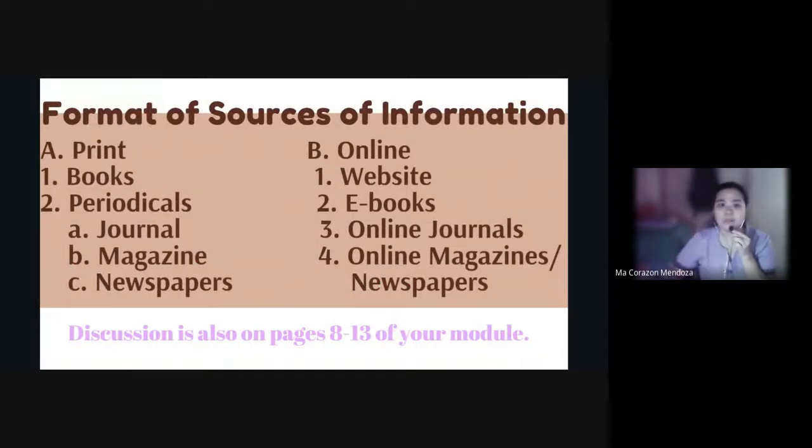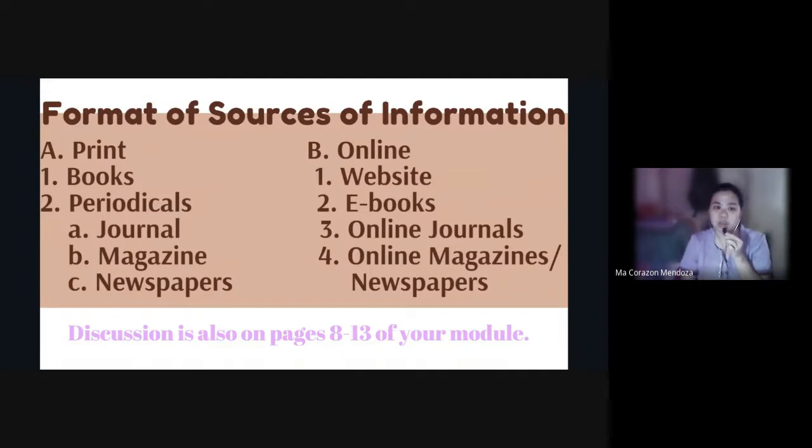Now, please go to page 8 of your module. Please be aware that there are two formats of sources of information. This is like a map. We have A, print, and B, online. Under print, we have books and periodicals.